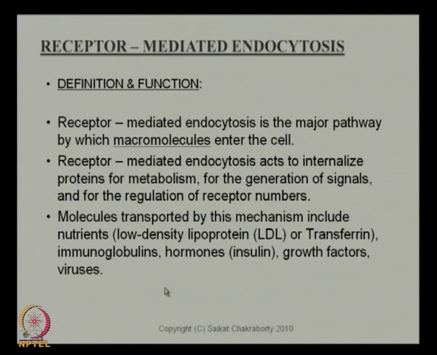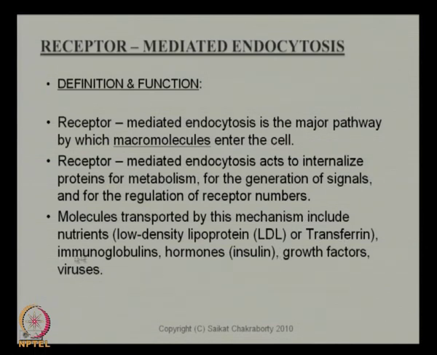This is the thing that I just mentioned, the macromolecules. The molecules transported by these mechanisms include nutrients. So, as I said, it is not just saving the system from immune attacks and virus and bacteria, but they include nutrients, and the examples I gave: low density lipoprotein LDL, immunoglobulins, insulin, which is why receptor ligand binding is so important for diabetes, and growth factors as well as viruses and bacteria.